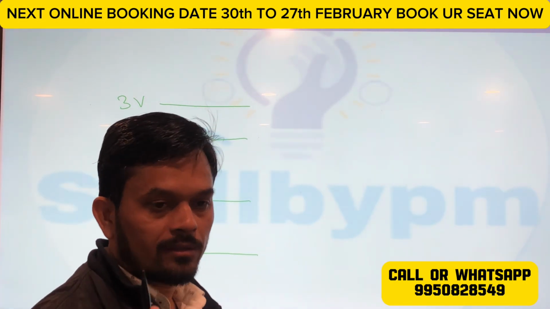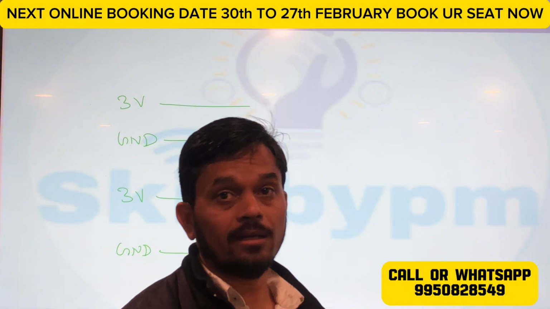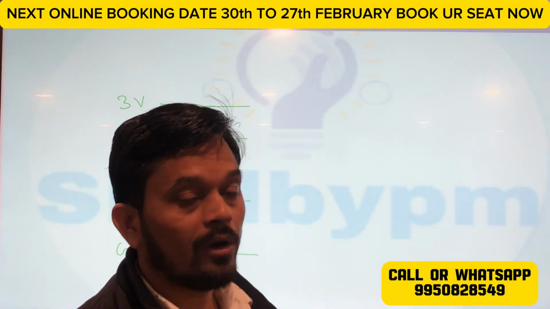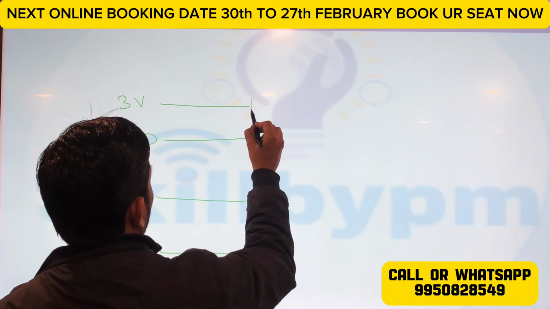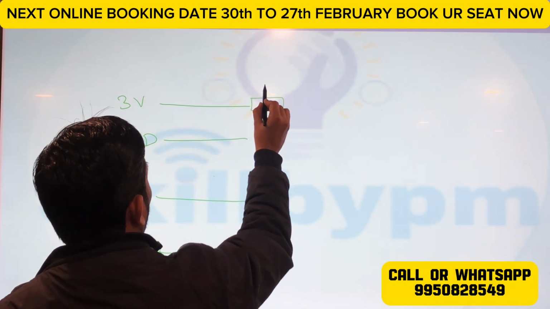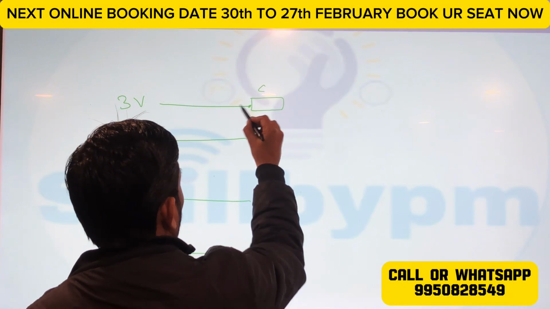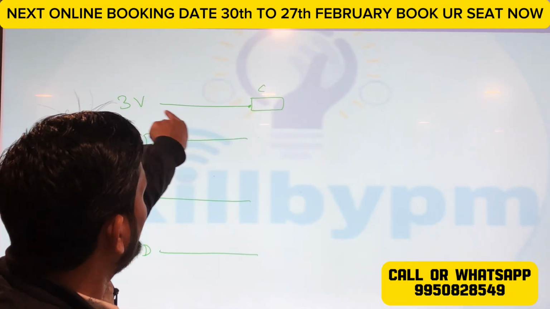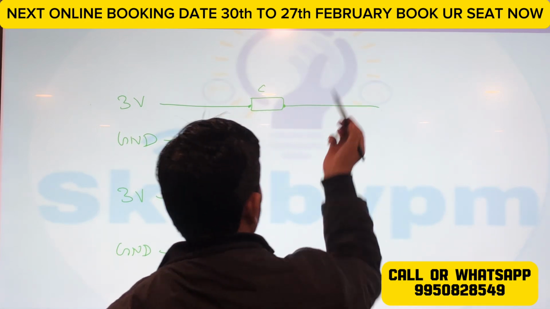I take a component. You are a mobile technician, it means you know a little bit about mobile components. Okay, we take a component, capacitor. This is a capacitor and we denote it C. Its first corner is connected with the 3-volt line and the second is also connected with the 3-volt line.